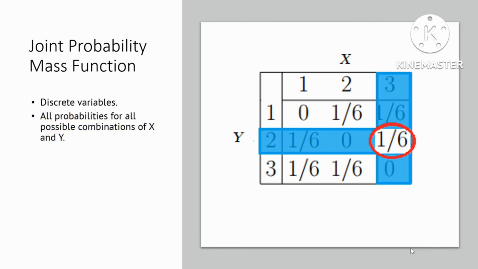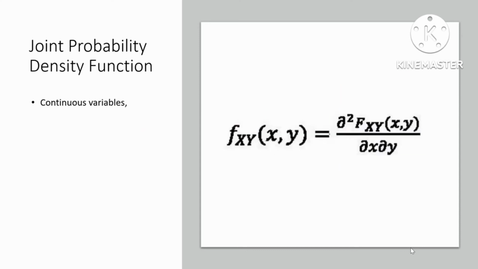It gets a little more complicated if you have continuous variables. Instead of a joint PMF, we have a joint PDF. That's a joint probability density function. Unlike the discrete variable example in the table of counts, you can't write out every combination of every variable because you would have infinite possibilities to write out for continuous variables.